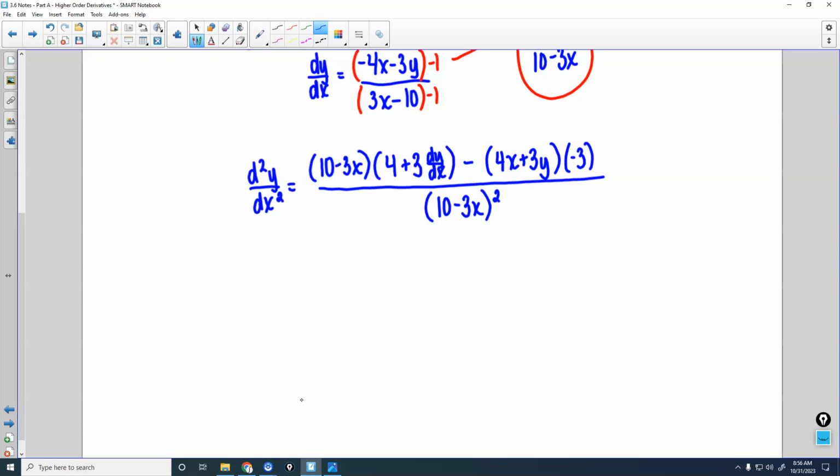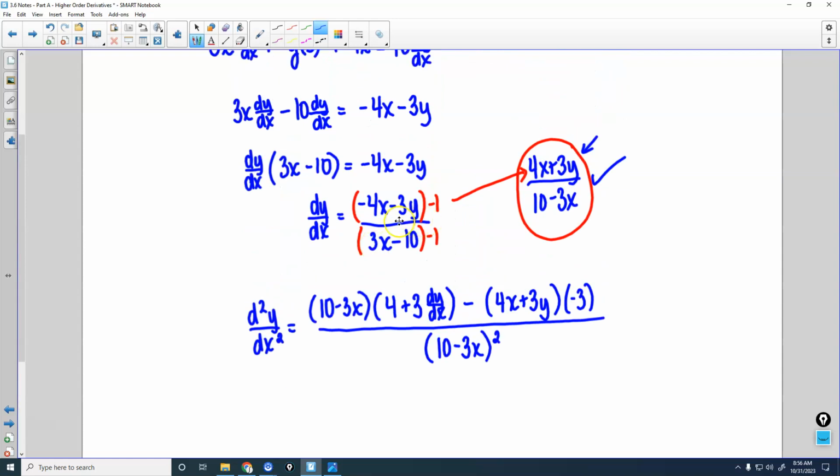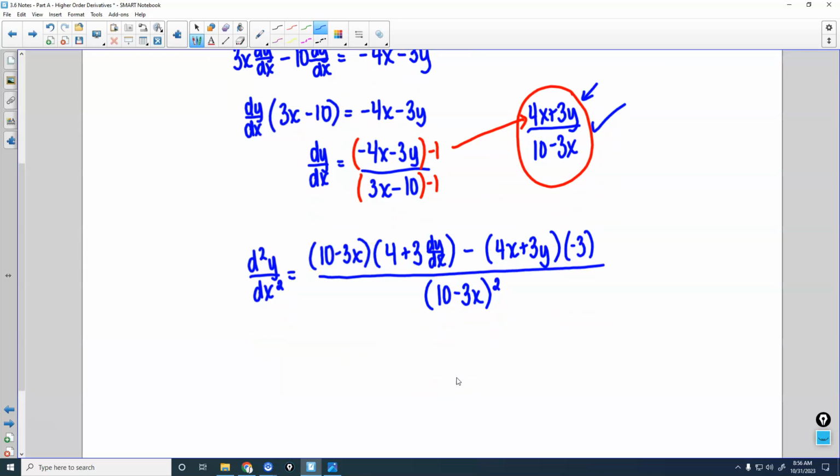But you cannot leave this in terms of dy/dx here. You got to have just x's and y's over here. So I'm going to write this over to the side for an FRQ. What you would want to do is just do 10 minus 3x times 4 plus 3 times, and right here you would put your 4x plus 3y.